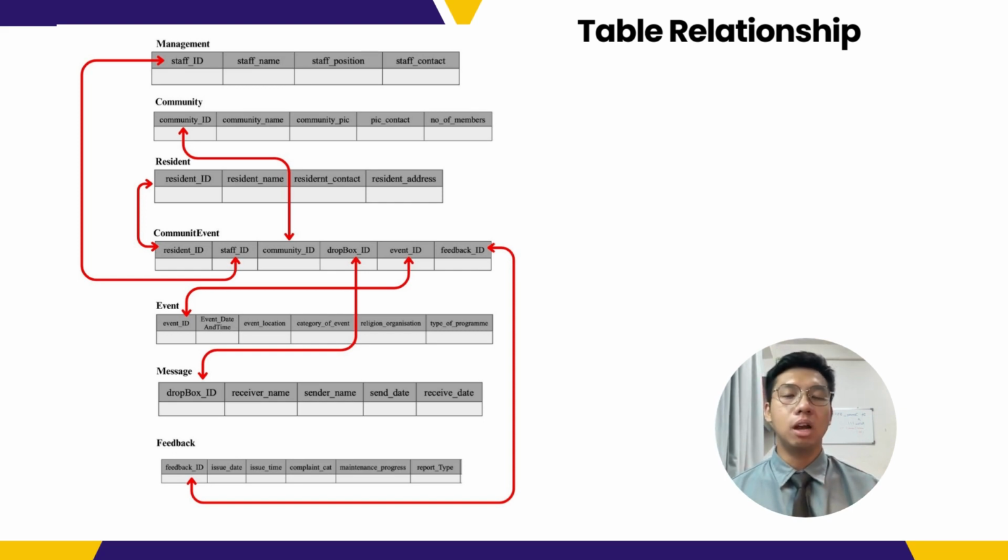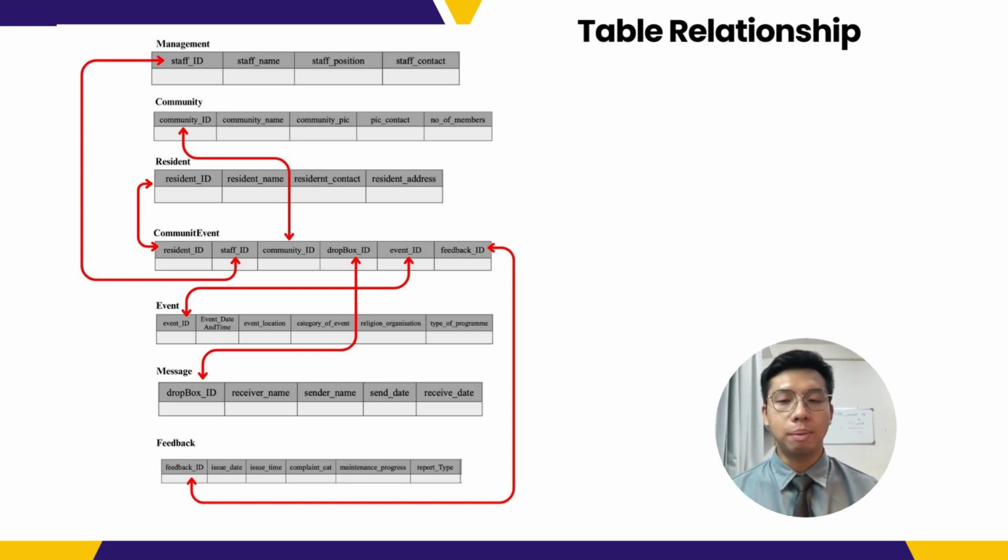So the primary key of resident ID will also be the foreign key for the community events, and also we can see the events. We have the event ID, event date and time, event location, event category, event religious organization, and also type of program.